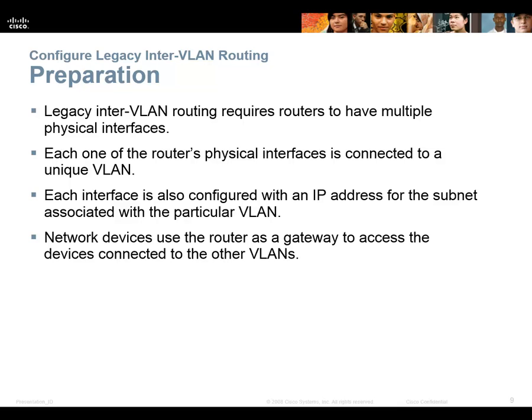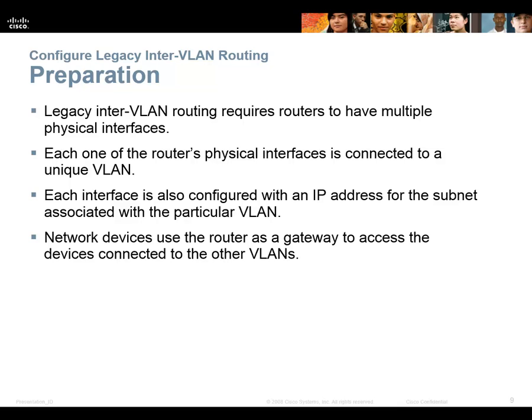So when configuring legacy inter-VLAN routing, it requires the routers to have multiple interfaces. That's what we talked about at the first. Each one of the router's physical interfaces is connected to its own VLAN. Each interface is also configured with an IP address for that VLAN. Network devices use the router as a gateway to access the devices connected with other VLANs.